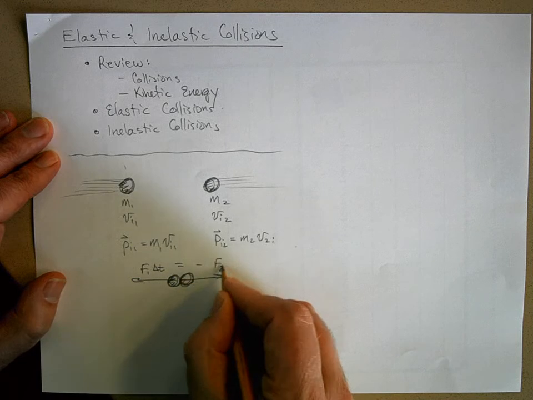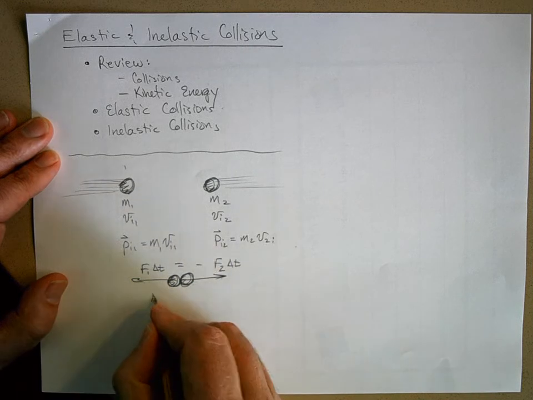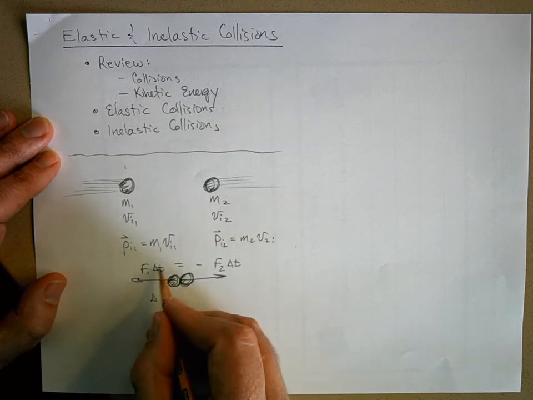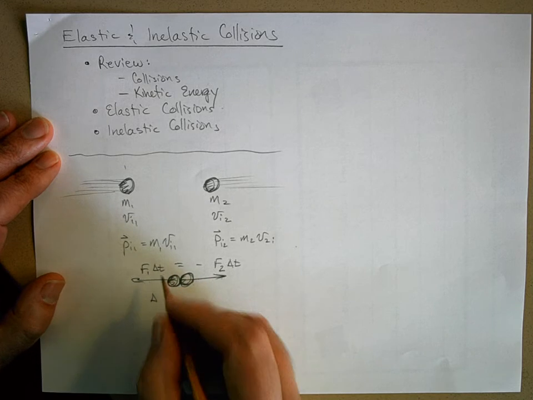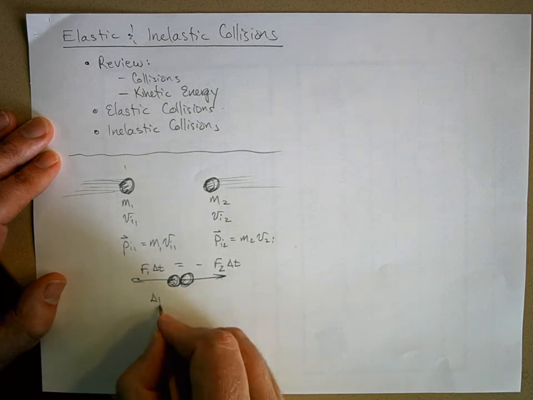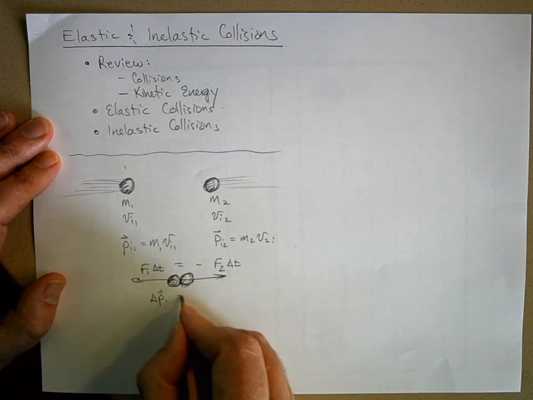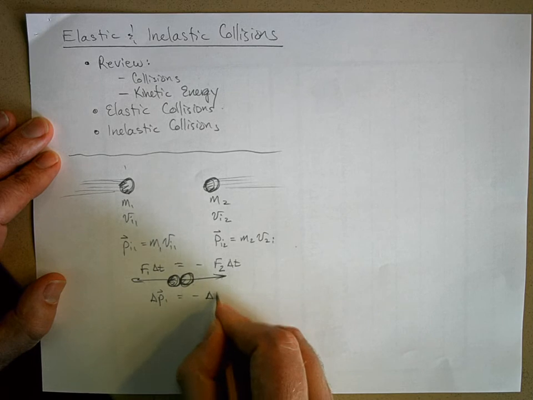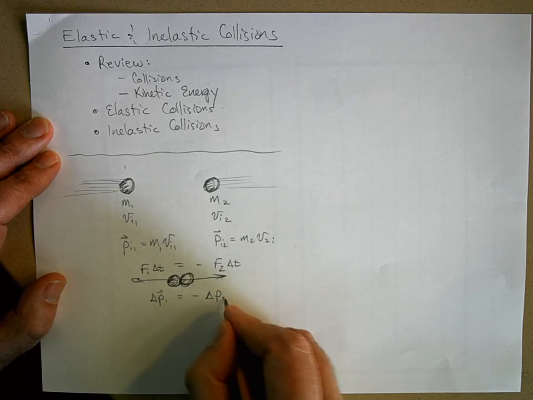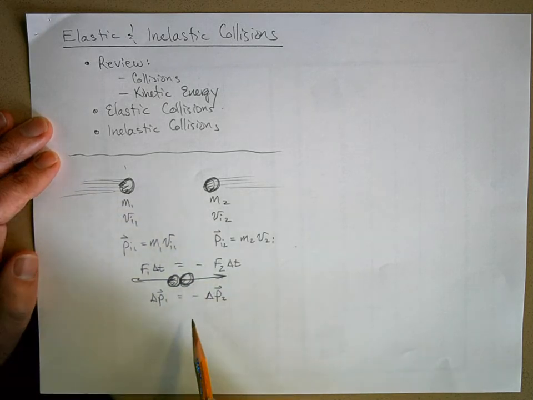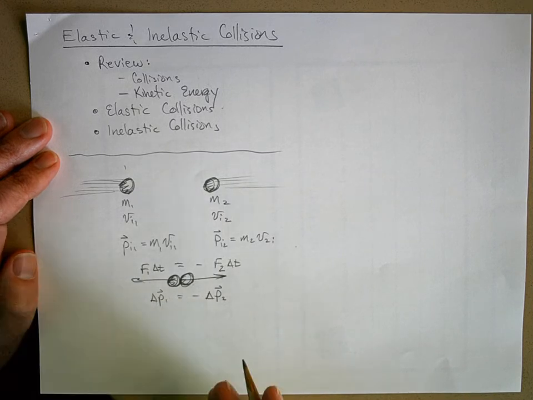We multiply that by the time it takes, and this is the impulse on object 1. The impulse-momentum theorem says that this impulse is the change in momentum of object 1, equal but in the opposite direction to the impulse on object 2, which means if I add these two together, I get 0 change in momentum.